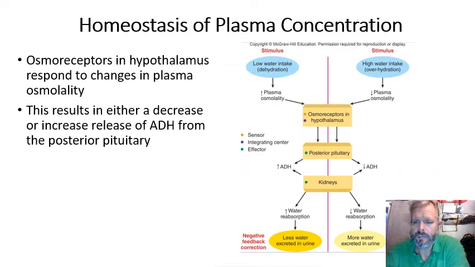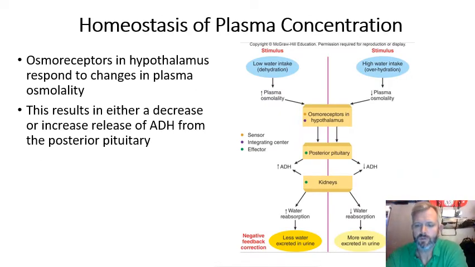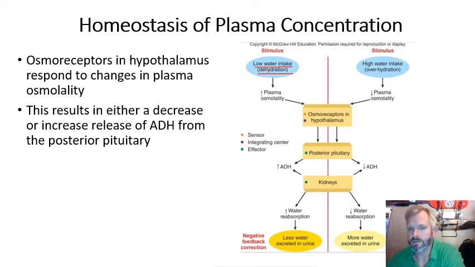We've now seen how ADH operates to cause that reabsorption of water. Now let's look at the control of release of ADH. So in cases of low water intake, dehydration, what's going to happen to plasma osmolarity? It's going to increase.